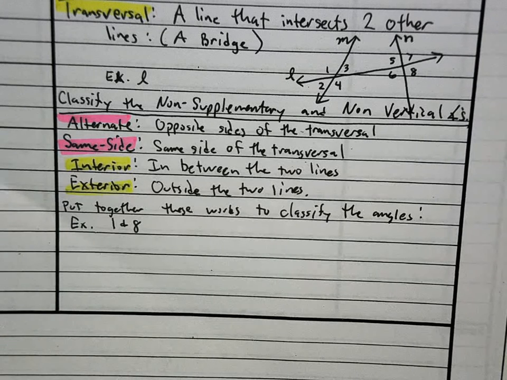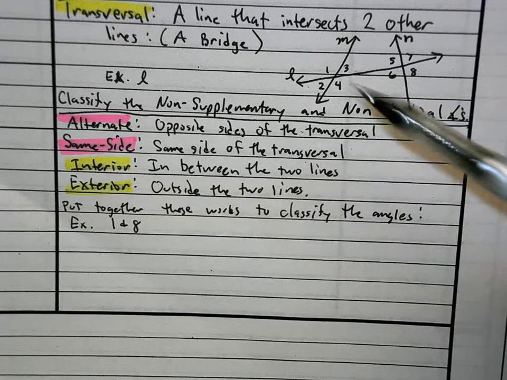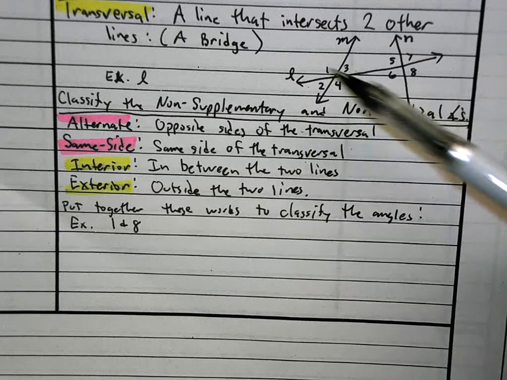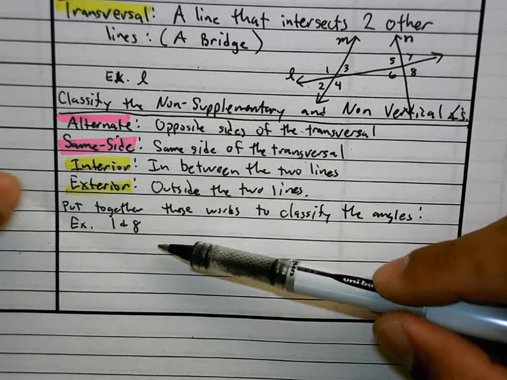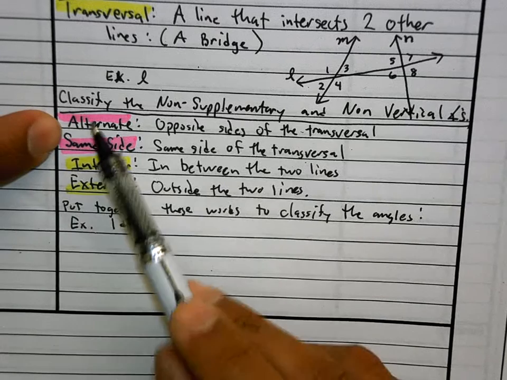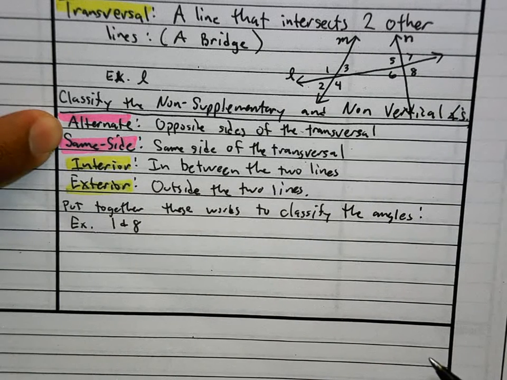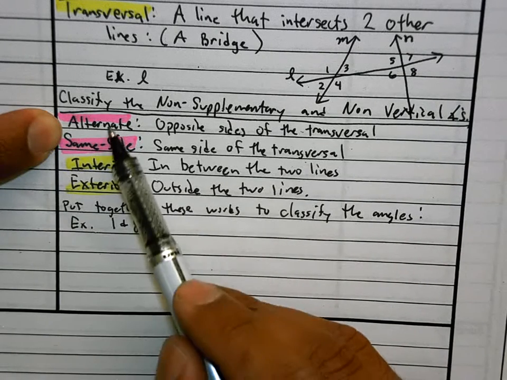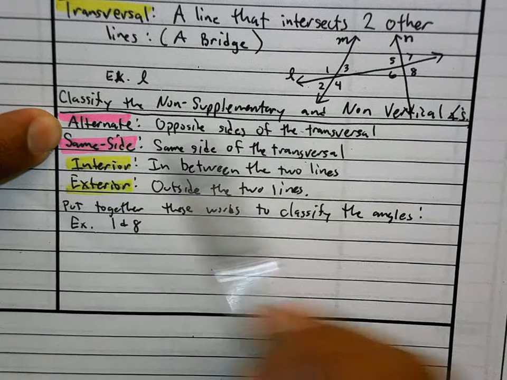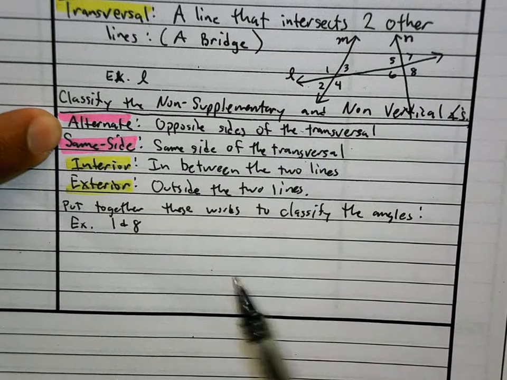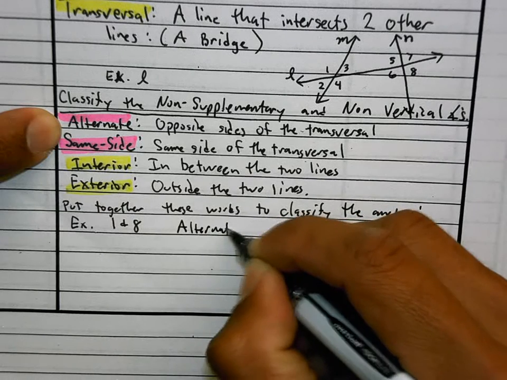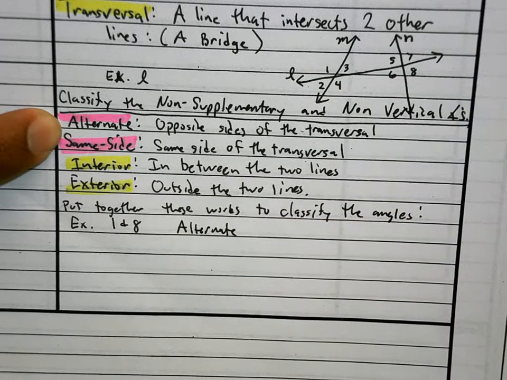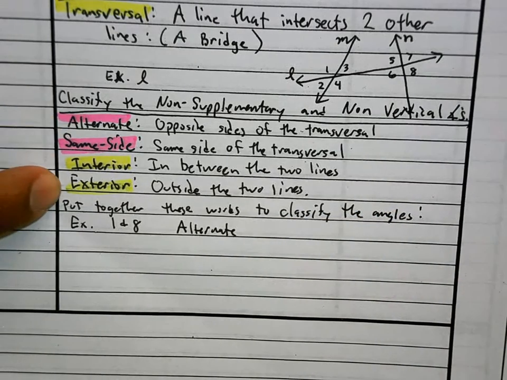So, for example, 1 and 8. What type of angles are 1 and 8? The first thing we do is choose one word from the pink choices. Are they alternate or same side? Alternate. Then you pick either interior or exterior.